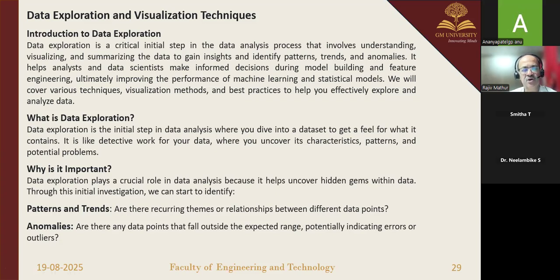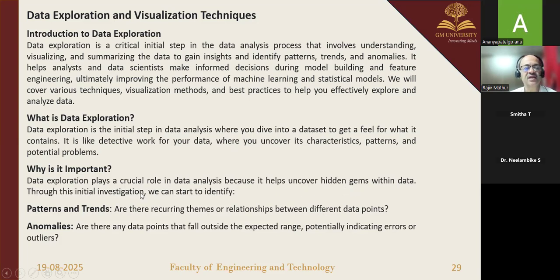So what is data exploration? Data exploration is the initial step in data analysis where you dive into a data set to get a feel for what it contains. It is like detective work for your data, where you uncover its characteristics, patterns, and potential problems. Now, why is it important? Data exploration plays a crucial role in data analysis because it helps uncover hidden gems within the data.